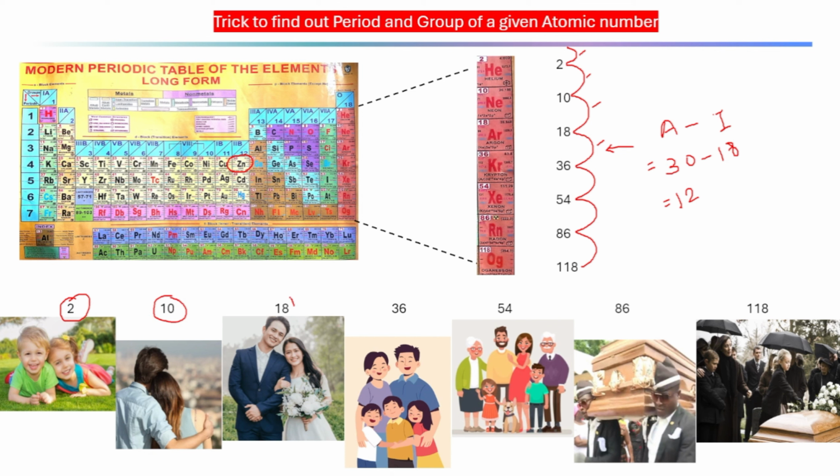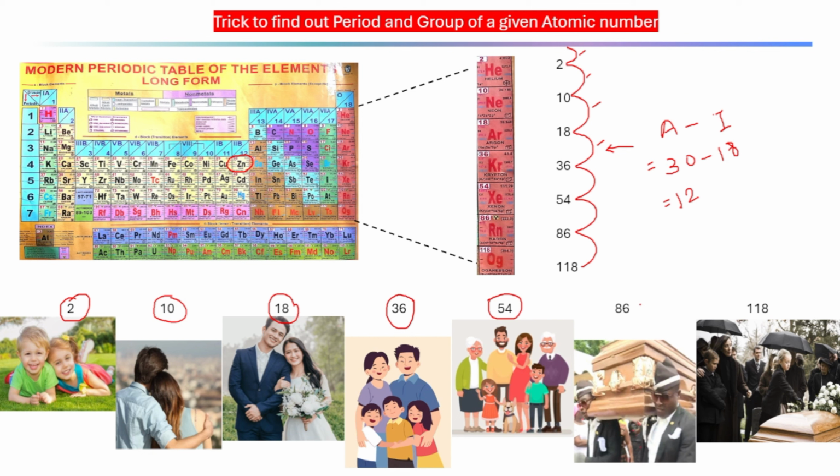And when your girlfriend became 18, you get married. At the age of 36, you have a happy family, the two of you and your children. At the age of 54, you have become grandparents. You have a son and daughter and their son and daughter. You have grandchildren.